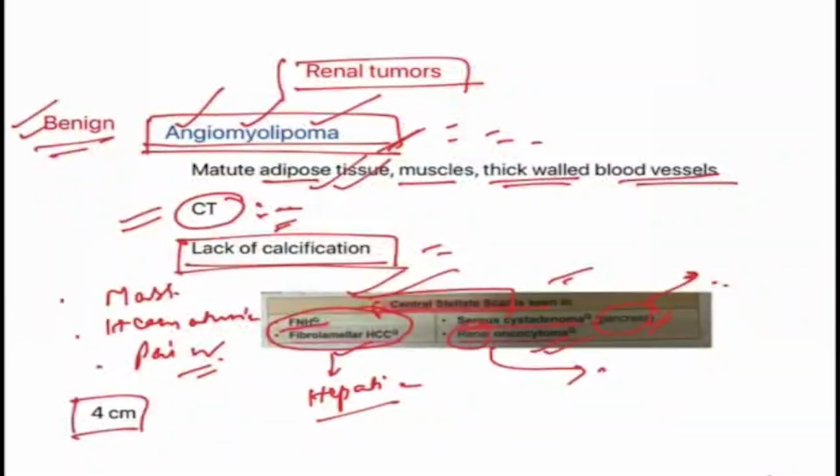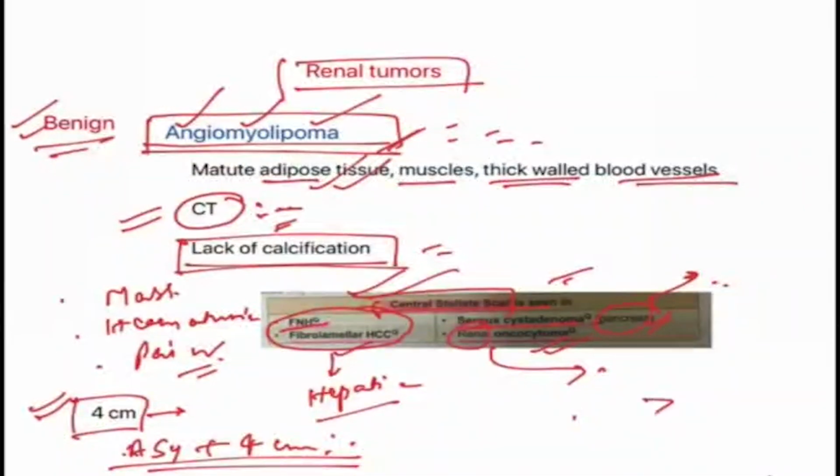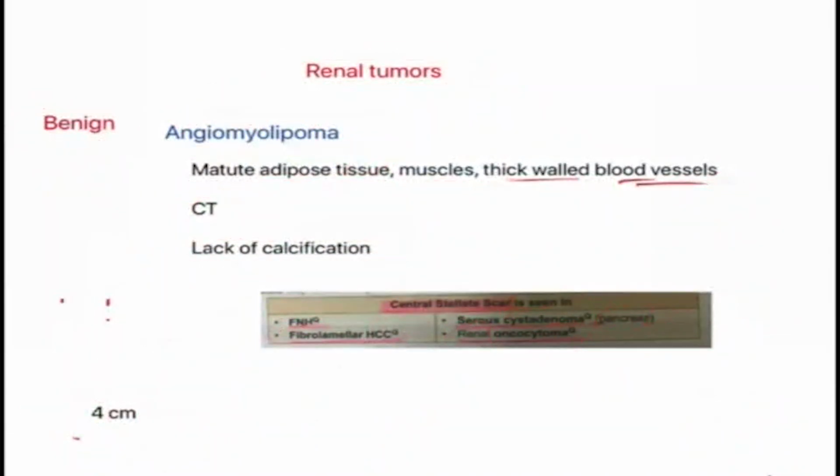For treatment, for asymptomatic, we don't have to do anything. Conservative management will be done, and for surgical intervention, 4 cm is the cutoff. So if a patient is asymptomatic but the tumor is 4 cm, then that patient should undergo surgical intervention, or any symptomatic patient should undergo surgical intervention.